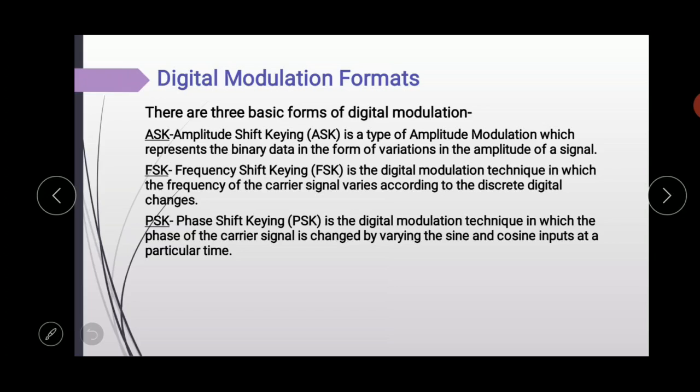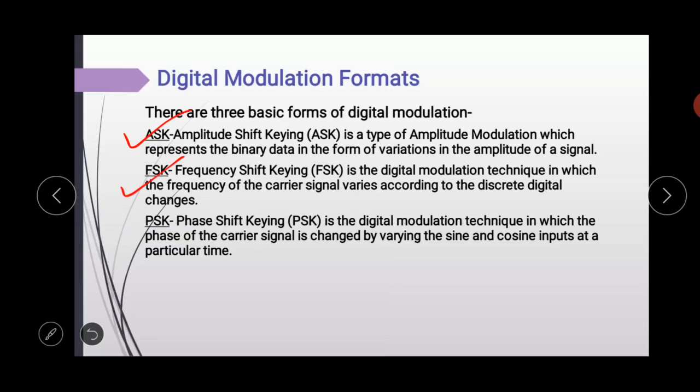As we discussed earlier, the modulating signal modulates some parameters like frequency, phase or amplitude of the carrier. So, if an amplitude of the carrier changes depending on the input digital signal, then it is called ASK or amplitude shift keying. This process is quite similar to analog amplitude modulation. Then FSK and PSK.